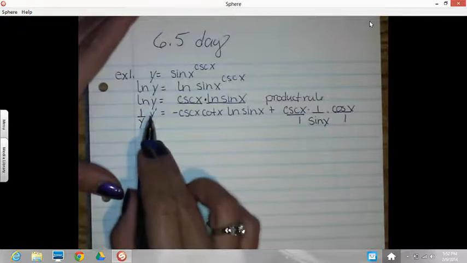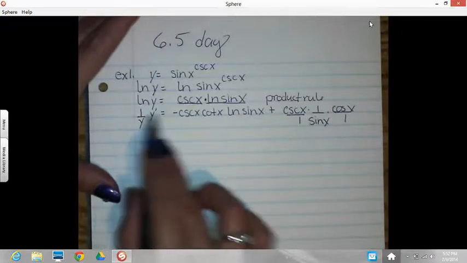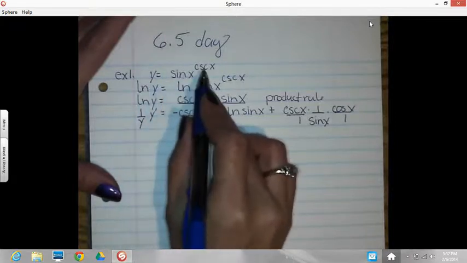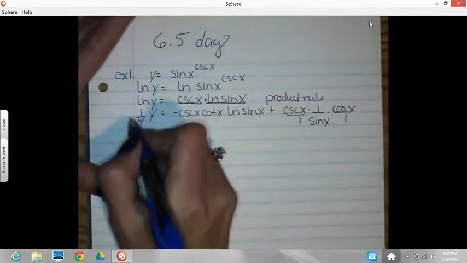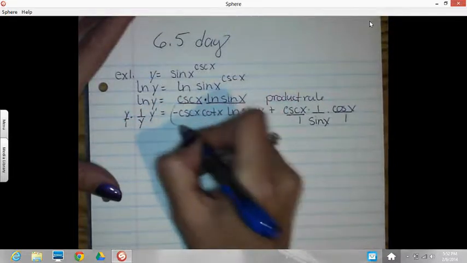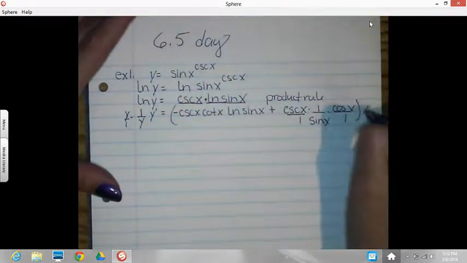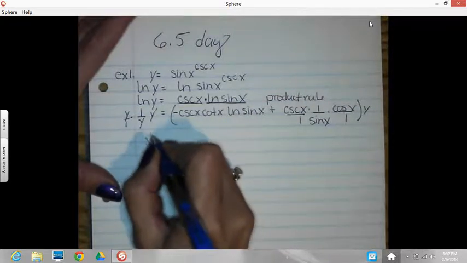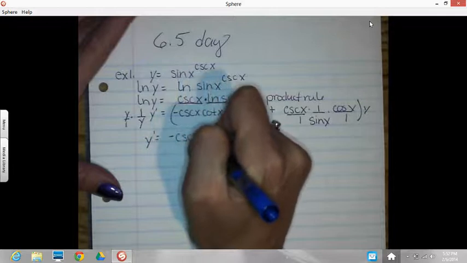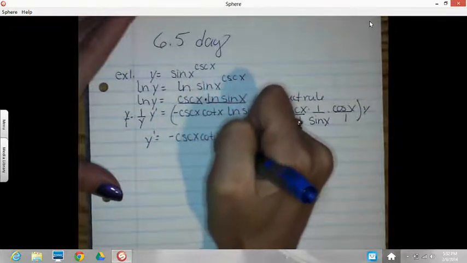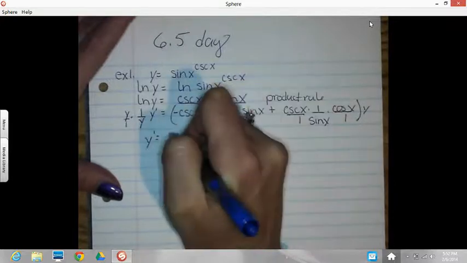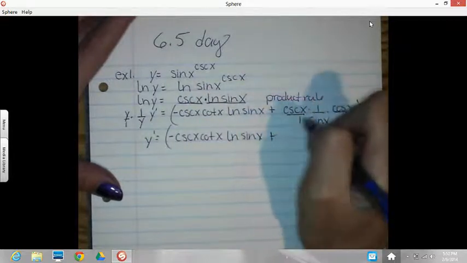I want y prime equals, so I have to multiply both sides by y. And the y is sine raised to the cosecant. So I'm going to multiply by y here. So now I can finish it up and go negative cosecant x, cotangent x, natural log of sine x, plus this is cosecant.